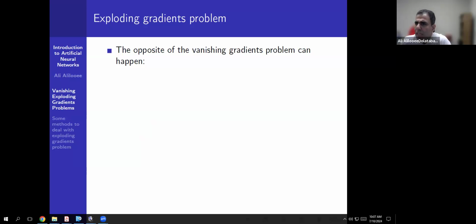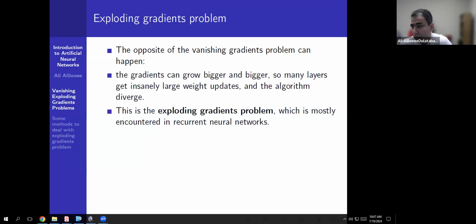Then the same issue can happen in the opposite direction. The opposite of the vanishing gradient problem happens when the gradients get bigger and bigger. It means that every time that you go backward and forward through the network, when you evaluate the derivative of the loss function with respect to each parameter, you can see that these derivatives are getting bigger and bigger.